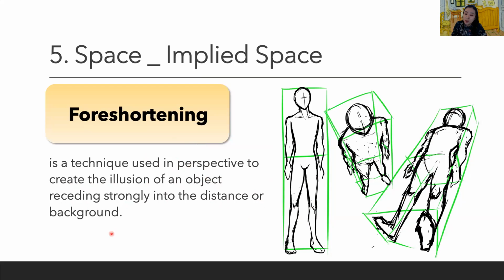So the illusion is created by the object appearing shorter than it is in reality, making it seem compressed like this. So it is an excellent way to maximize the depth and the dimension of paintings and drawings.